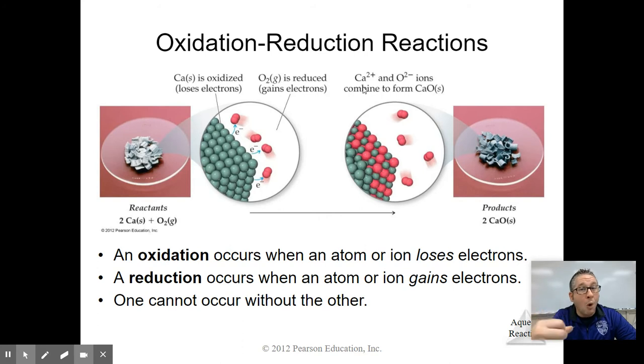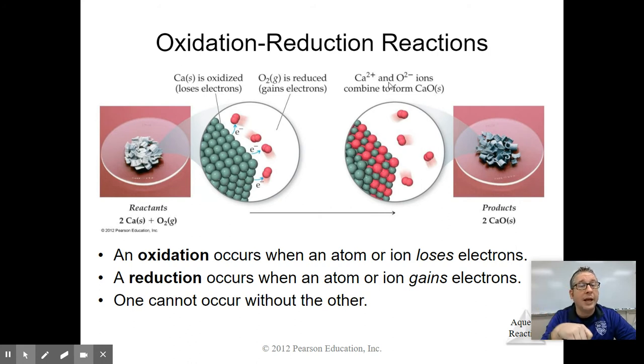So it became more positive. Since it became more positive, that means it had to lose electrons. Therefore, it was oxidized.